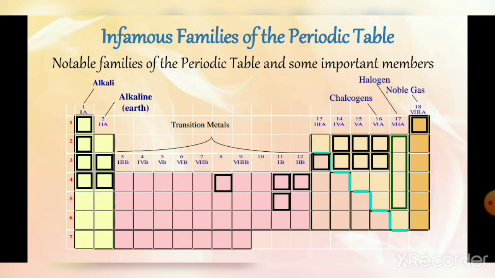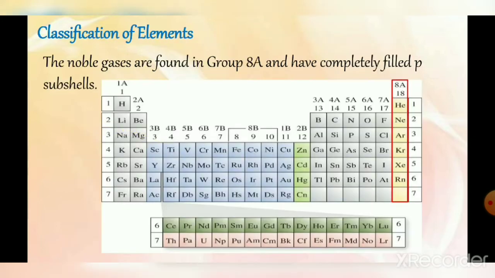So these are the different members from the same group, and the names which we have given are alkaline earth metals, transition metals, chalcogens, halogens, noble gases, and their corresponding positions we have mentioned here. So according to their properties, different elements are categorized into different parts of the periodic table.